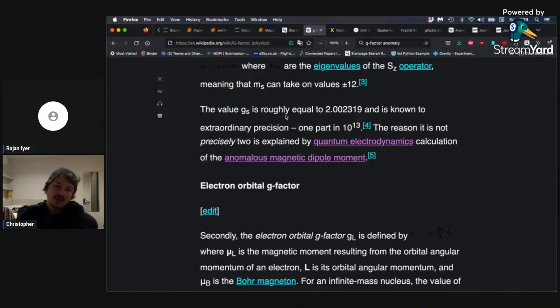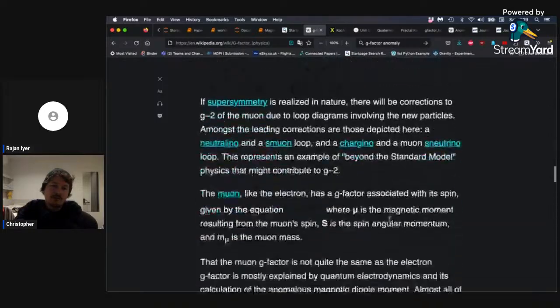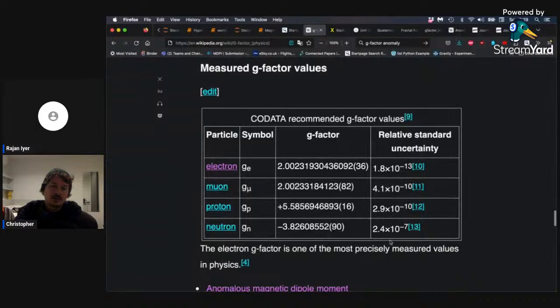But what they find is that the G factor is actually roughly equal to 2.002319. So there's a discrepancy here, a small amount, but still quite noticeable. And then you find different values for the muon and proton and neutrons and so on.